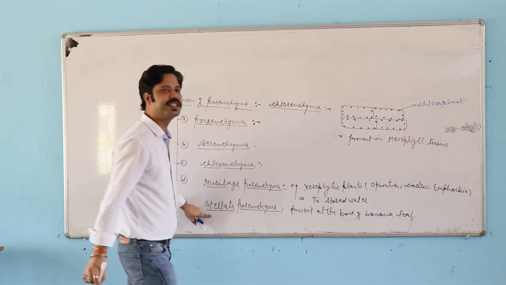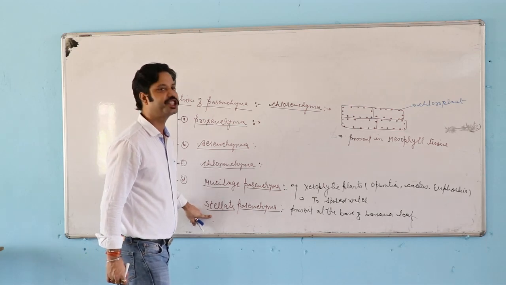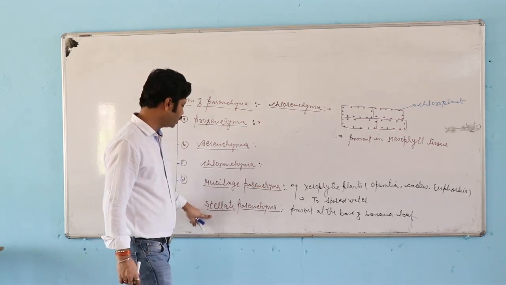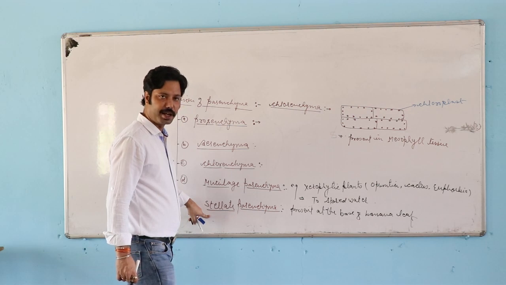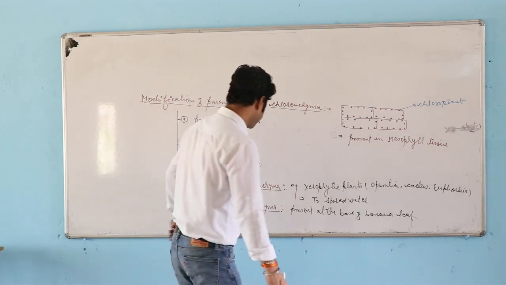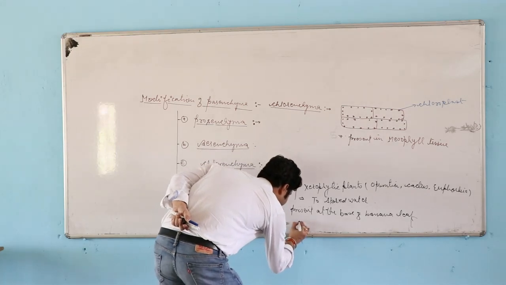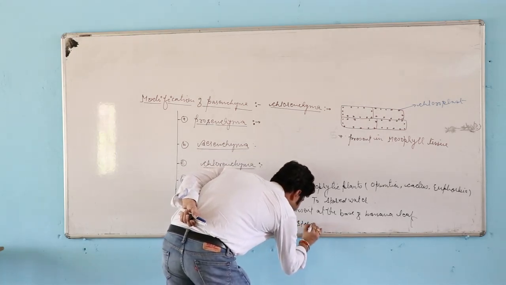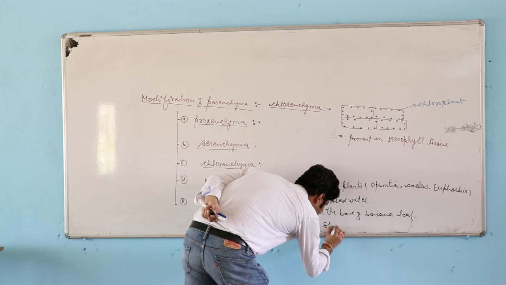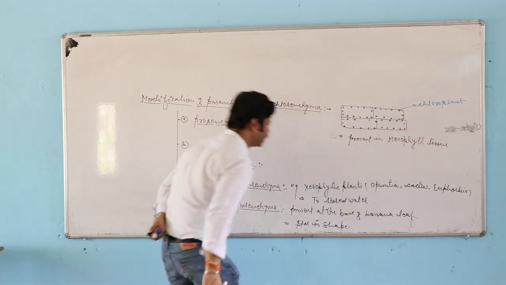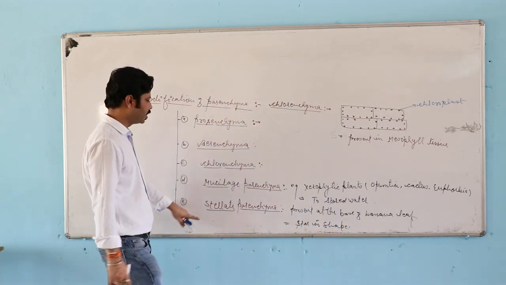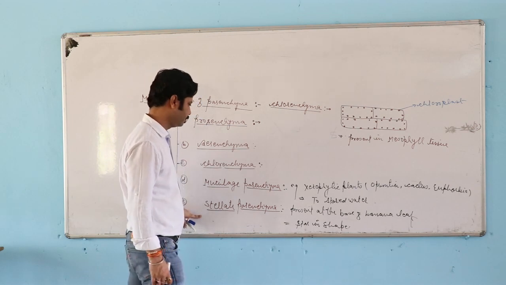It is called stellate because these are star in shape. The cells of these parenchyma are star in shape, hence called stellate parenchyma.